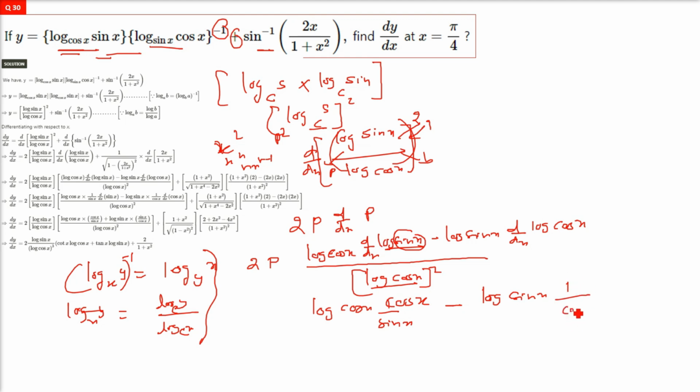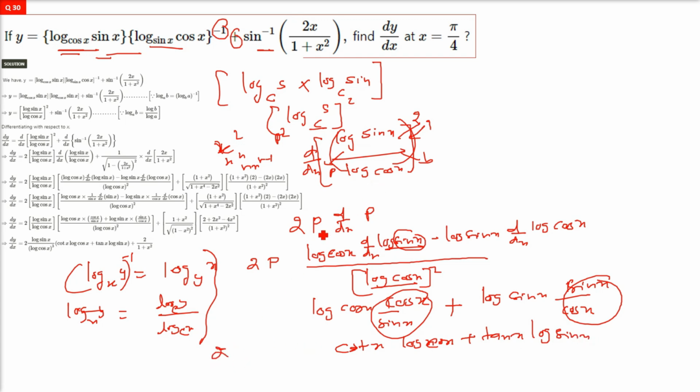So d by dx of log cos x is 1 by cos x times minus sin x. So I am writing sin x here and changing the sign, negative to plus. So what will it be? Cos by sine and sin by cos. Cos by sine is cot, sin by cos is tan. So we have cot x log cos x plus tan x log sin x.